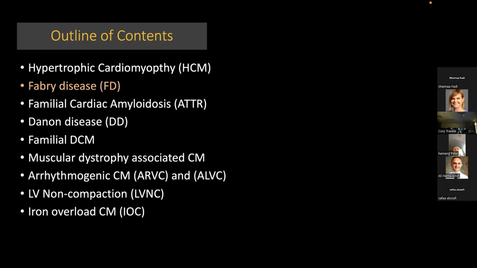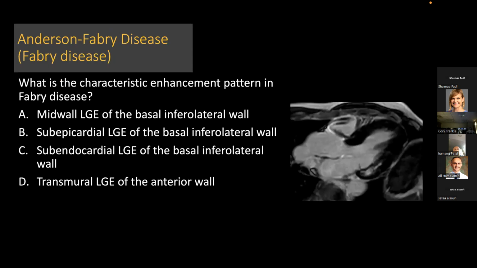Next on the list is Fabry disease. What is the characteristic enhancement pattern in Fabry disease? Is it mid-wall LGE at the basal inferolateral wall? Is it subepicardial LGE? Is it subendocardial LGE? Is it transmural LGE? We can give a few seconds.